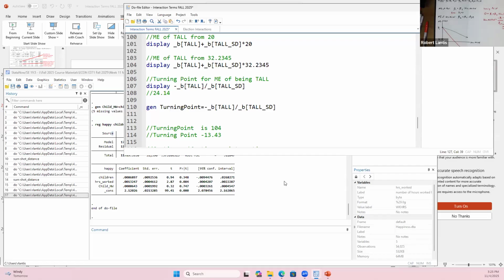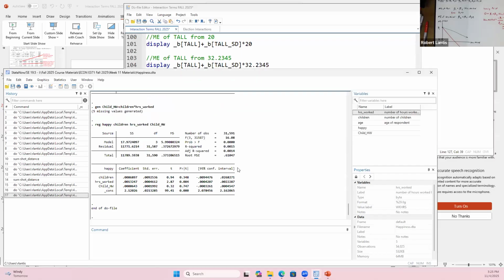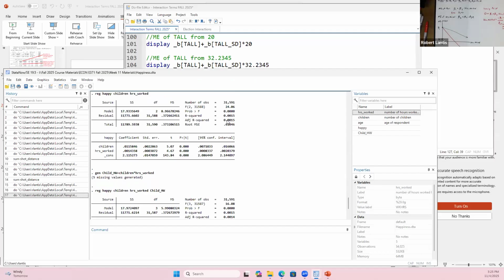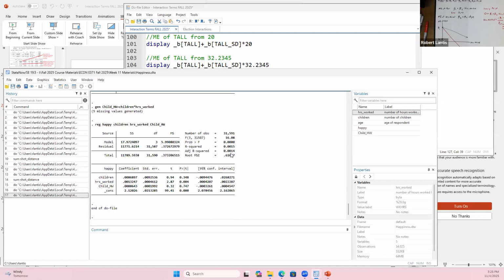Am I able to explain really any more of the variation in happiness here with the interaction term? No, it's not even close to statistically significant. So what should be happening to my adjusted R squared? It's likely going to be going down, right? So let's see if that's the case. 0.0014, sure enough.